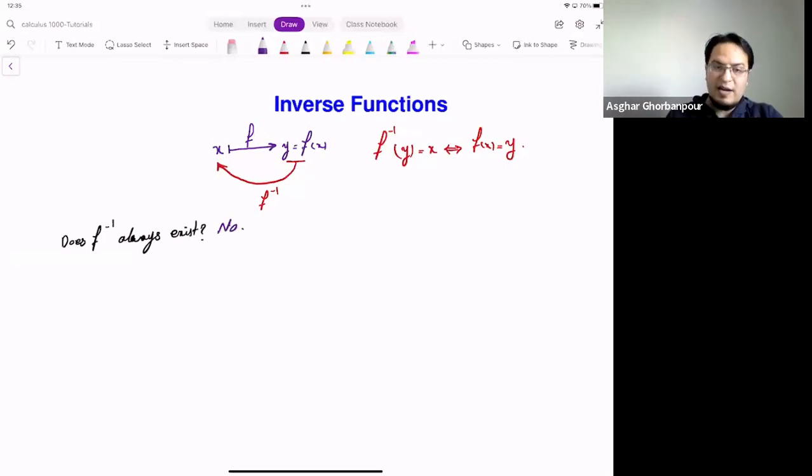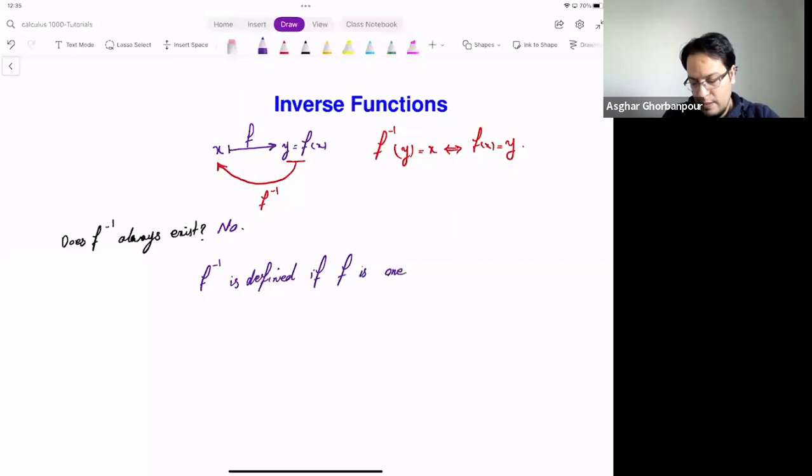For f inverse to exist, we need to make sure that f has a nice property, and it's called 1-to-1. What is 1-to-1?